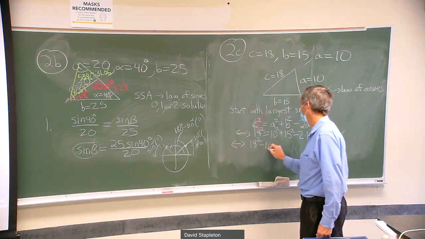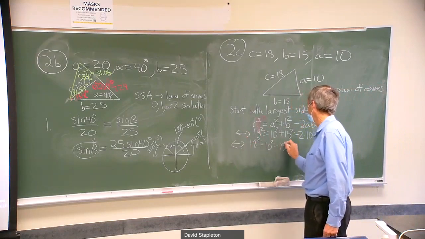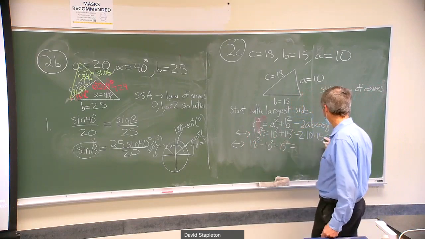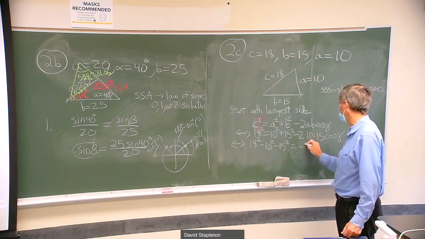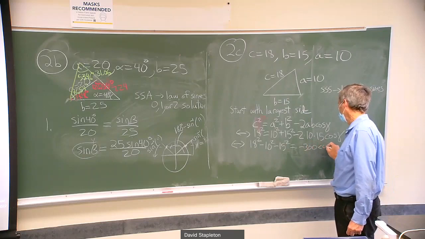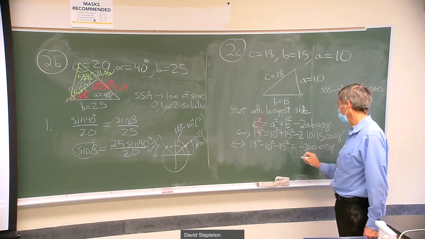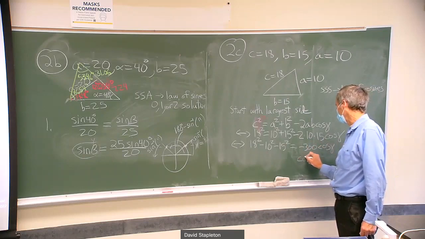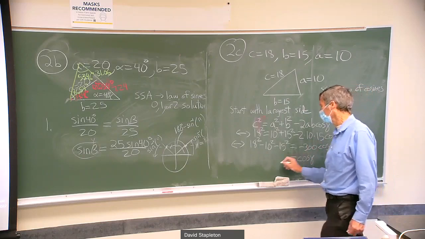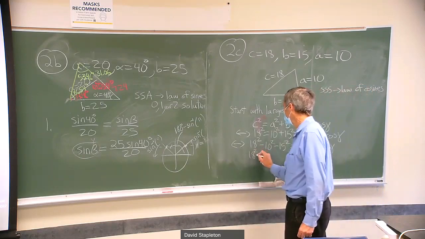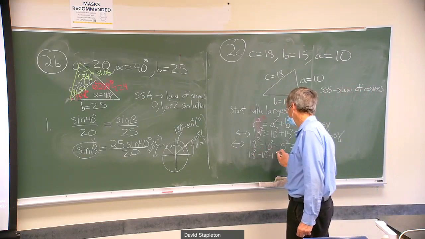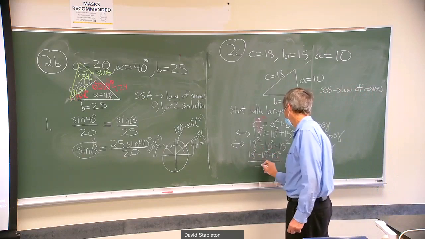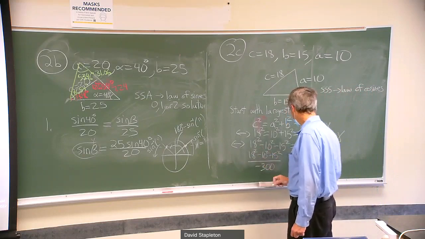Same solution set. Minus 10 squared minus 15 squared equals, let's see, this is 150 times 2 is minus 300 cosine gamma. And so now I divide by negative 300 and get cosine gamma equals 18 squared minus 10 squared minus 15 squared, all over negative 300. That's going to give me a negative number.